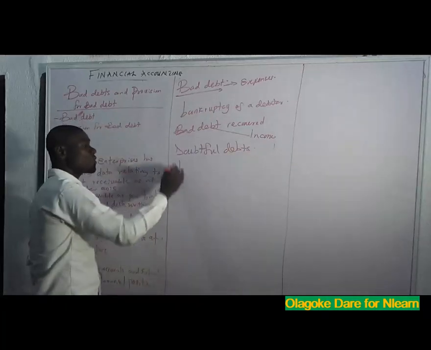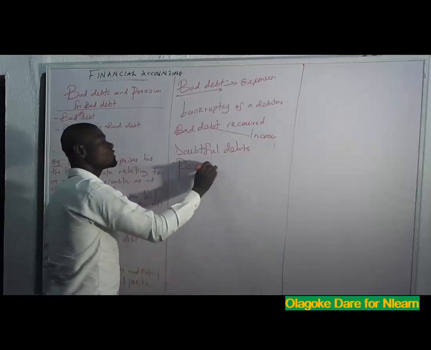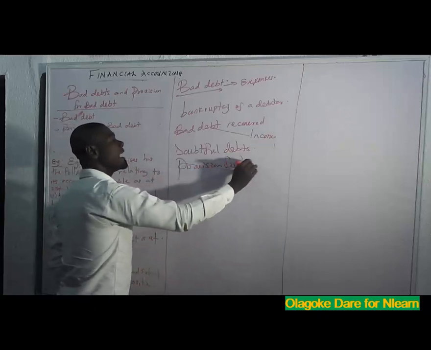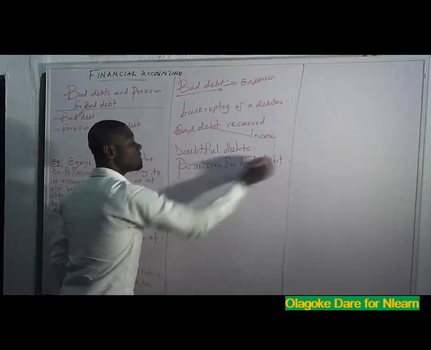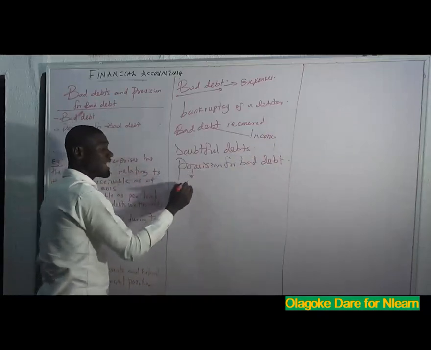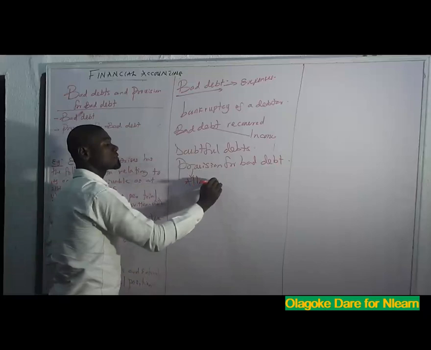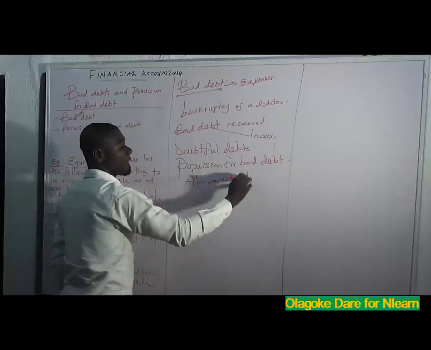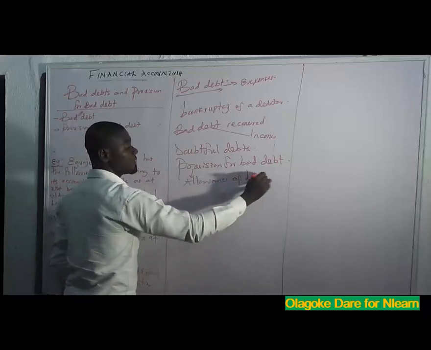Now, we have what we call provision. Provision for bad debts can also be called allowance for bad debts.